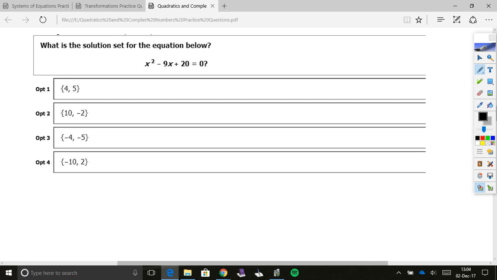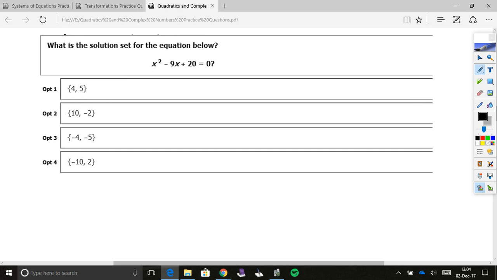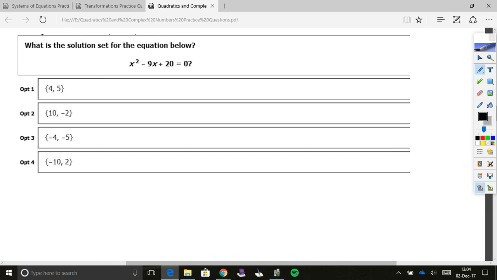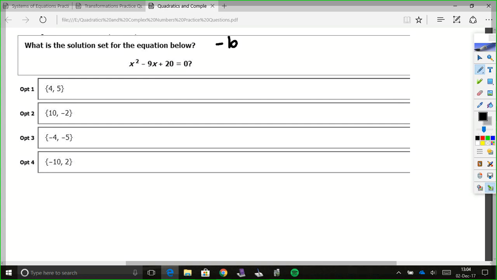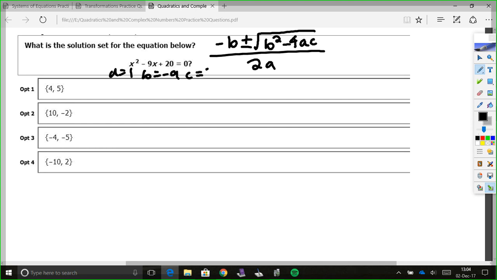So the quadratic formula is negative b plus or minus the square root of b squared minus 4ac, all divided by 2a. So here I have a equal to 1, b equal to negative 9, and c equal to 20.